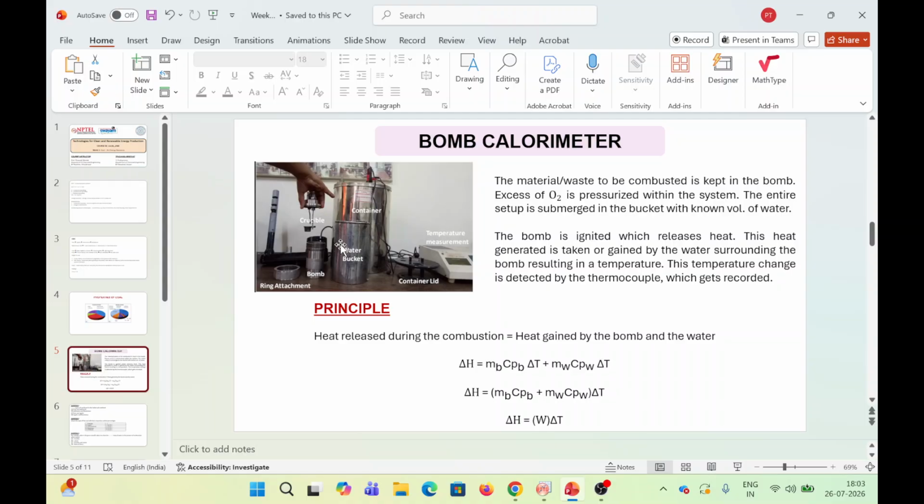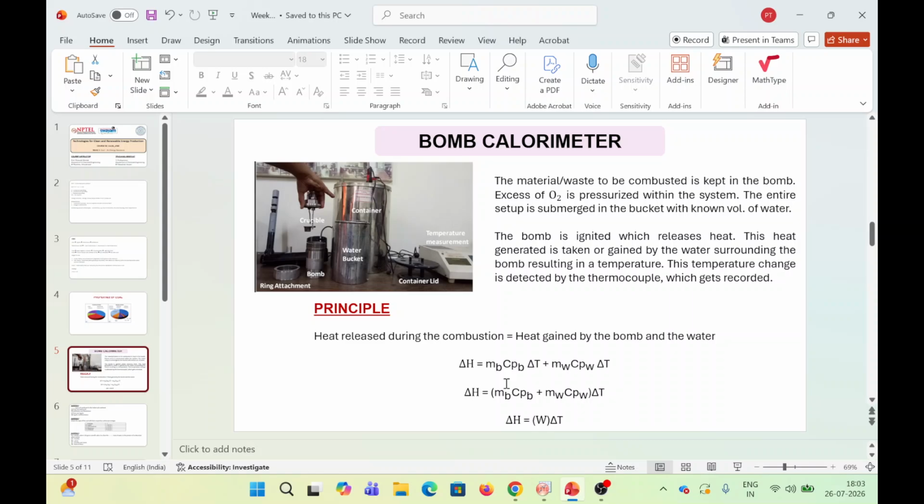If you write the equation, you get delta H as mb, the mass of the bomb, times cpb, the specific heat capacity of the bomb, plus the mass of the water times the specific heat capacity of the water, times delta T. These two put together are written as delta H is equal to W times delta T, where W is the water equivalent. So this is the bomb calorimeter.